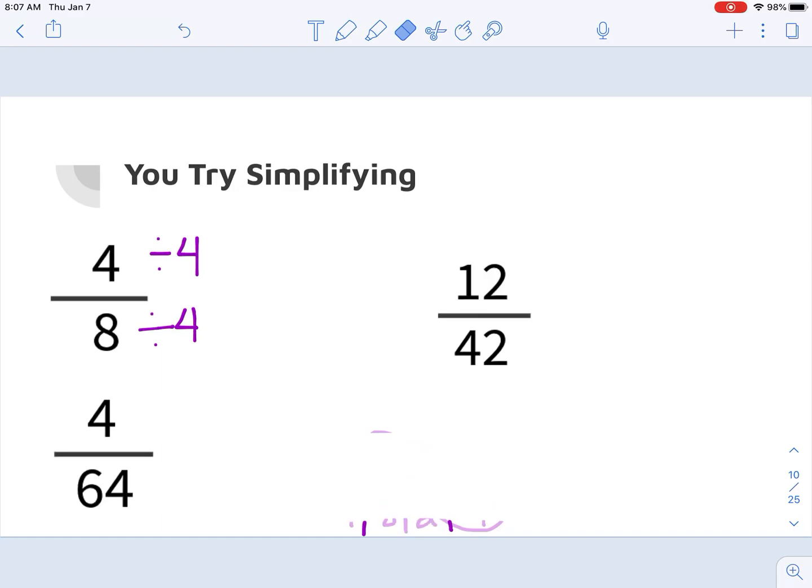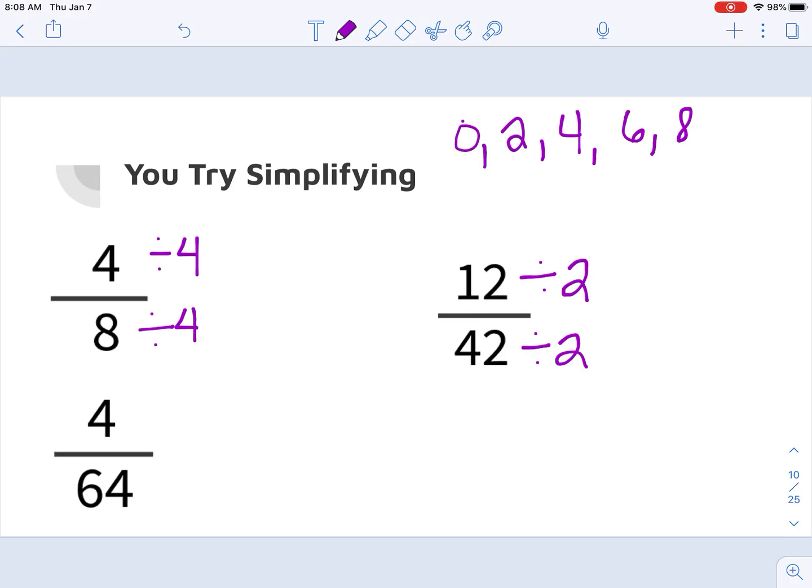Okay, for the second one, 12 and 42, I'm going to think about my divisibility rules. Well, I know that these are both even numbers because they end in a 0, 2, 4, 6, or 8. Even numbers can be cut in half. They can be divided by 2.